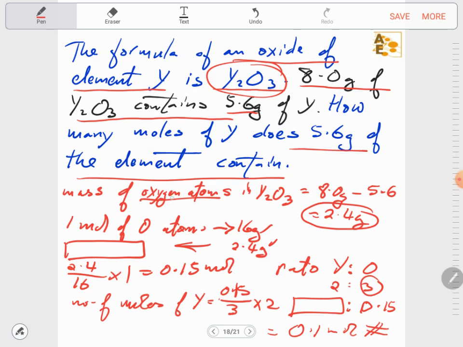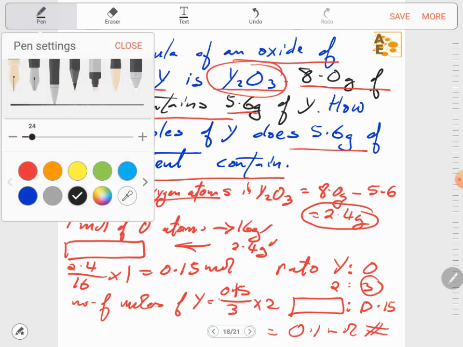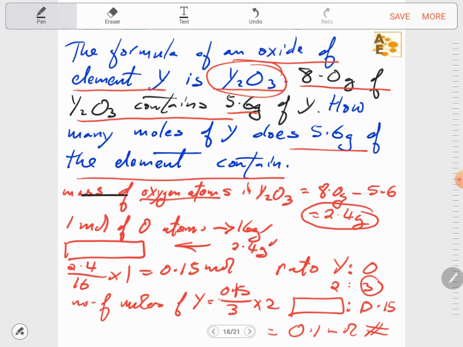Let me just go through it again one more time with you. First you have to find the mass of the oxygen atoms in your compound Y2O3. So 8 gram minus 5.6 gram will give you 2.4 gram of oxygen atoms.